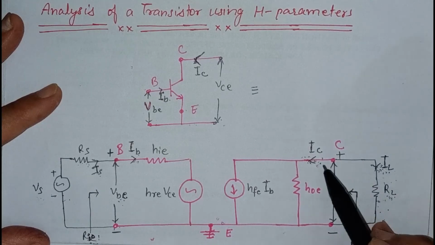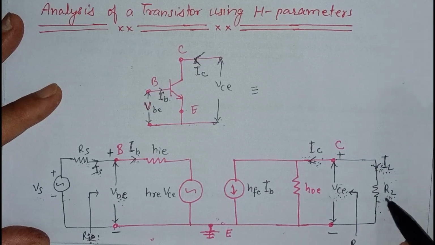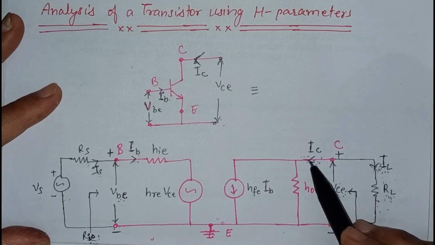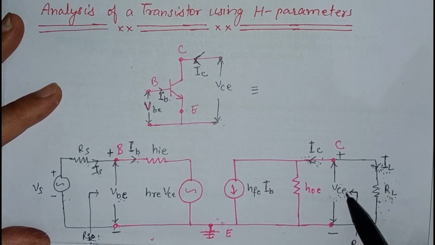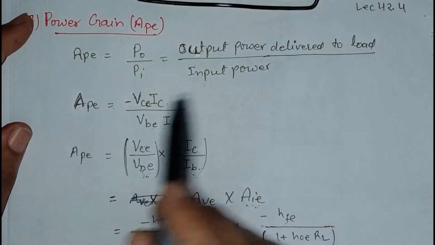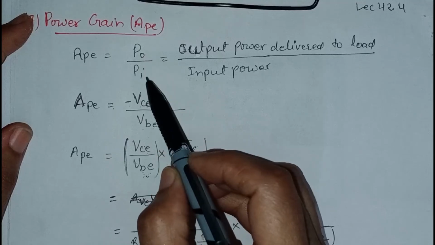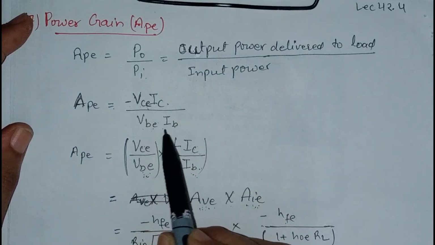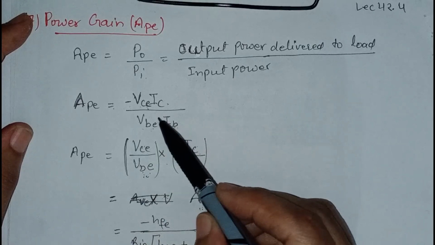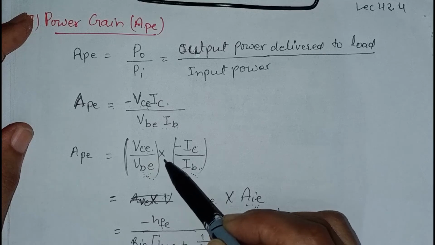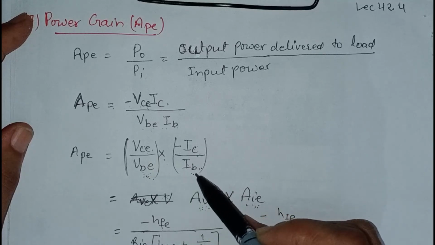Minus is taken because the actual current is flowing through RL, in this direction, and we have taken the opposite direction. So we put the values of output power and input power here: minus VC into IC and VB into IB. Now we can write this equation as VC upon VB multiplied by minus IC upon IB.